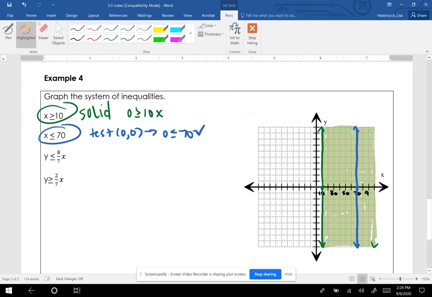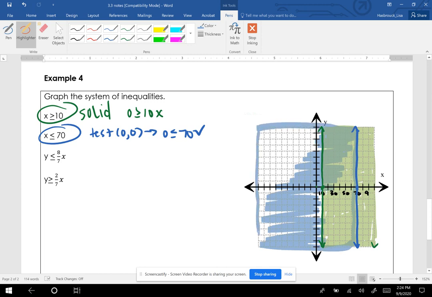So I'm shading the opposite direction. I don't really like the way that color looks. So we have a little bit of overlapping so far, but keep in mind we have 2 more lines we need to graph.